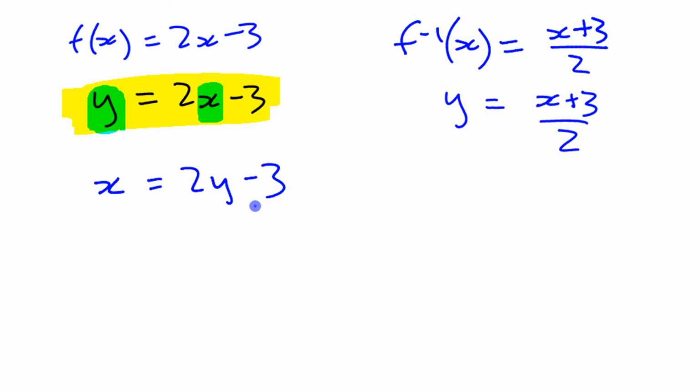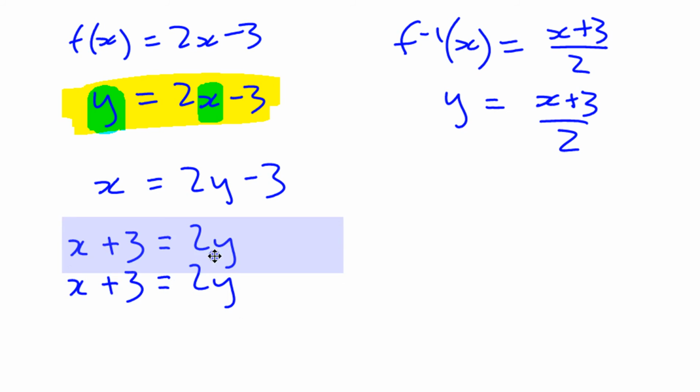If you want to solve this, some of you probably think about it as, if you're trying to isolate this y here, if I was to move that 3 over to the other side of the equal sign, it happens to be its inverse. Some of you think of it as, well, I have to add 3 to both sides, and then this cancels. Whichever way you think about it, you're going to end up with x plus 3 equals 2y.